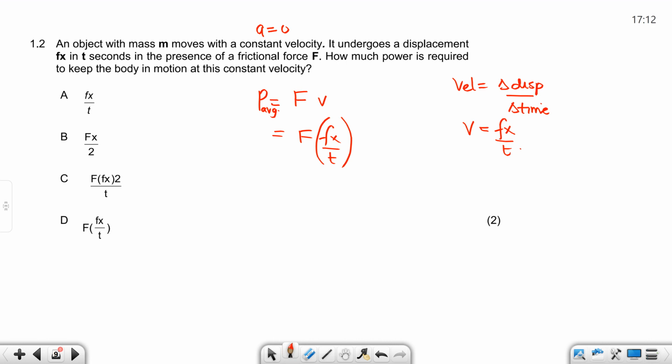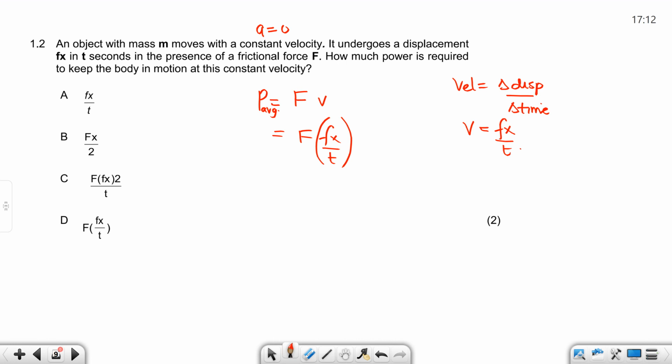They said it undergoes a displacement of that in the presence of what? Frictional force. How much power is required to keep the body in motion at this constant what? Velocity. It means the force that we are using must be equal to the frictional force.